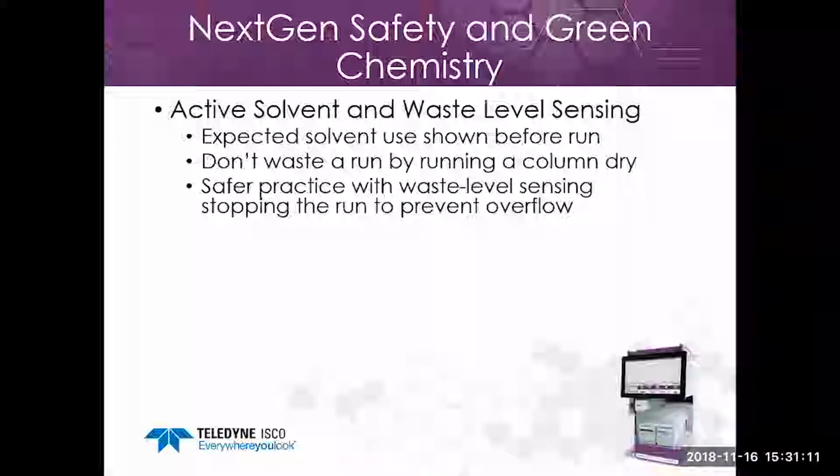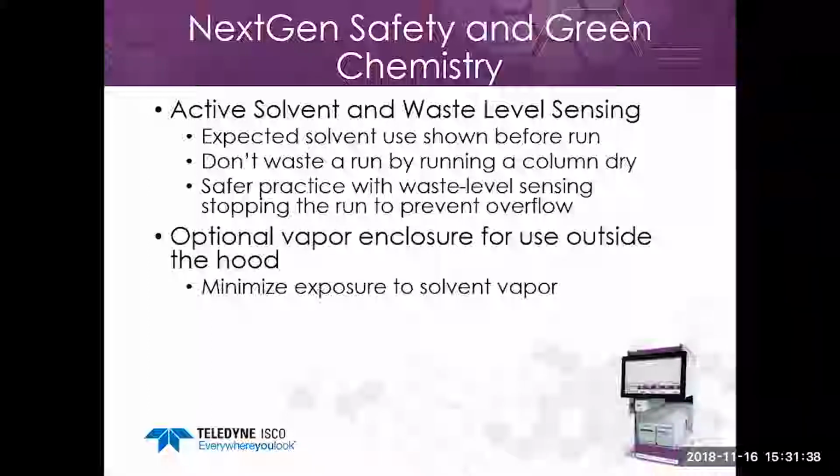This can be a way to compare different methods and maybe scale down a column for loadings, because you have an idea of how much solvent you're going to be using. It also monitors the solvent level, so it's not going to waste a run by running a column dry. Also, the waste level sensing stops the run from overflowing. If the container is going to overflow, it'll stop the system automatically.